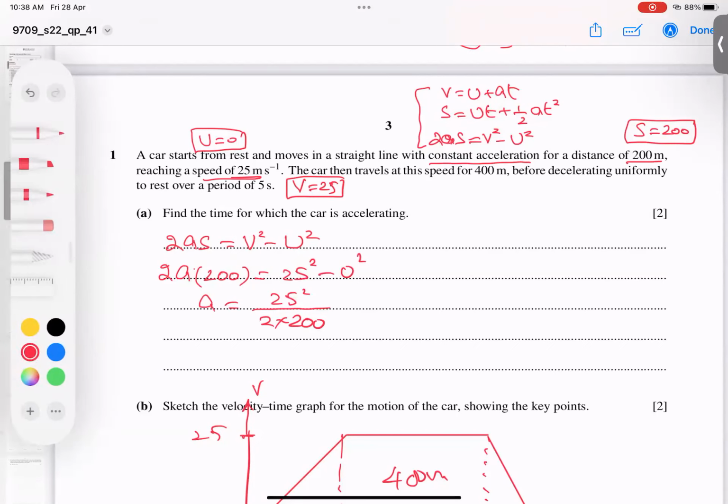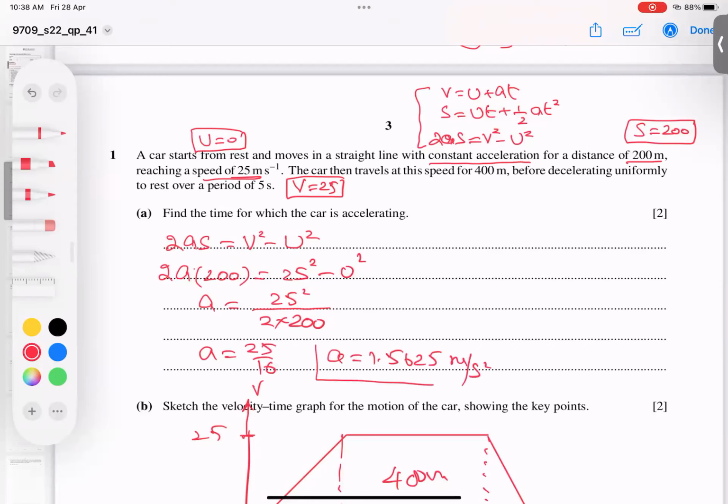Now I'm typing it in my calculator to check. 25 squared divided by 400, and I'm getting acceleration 25 over 16, and in decimal, 1.5625 meters per second squared.